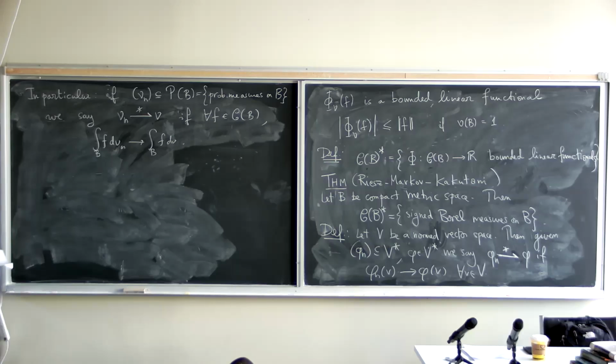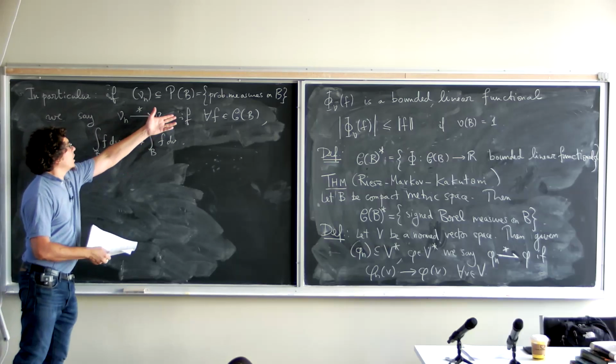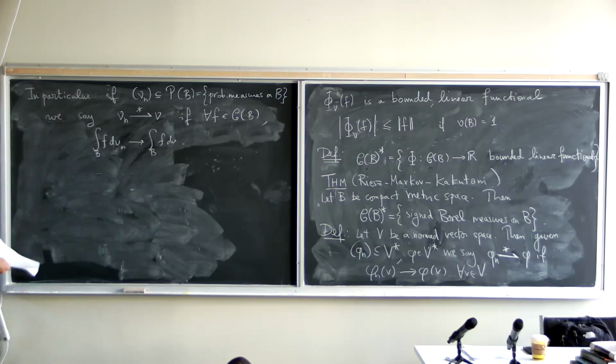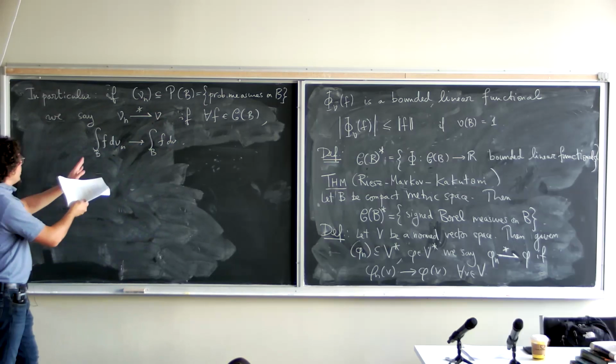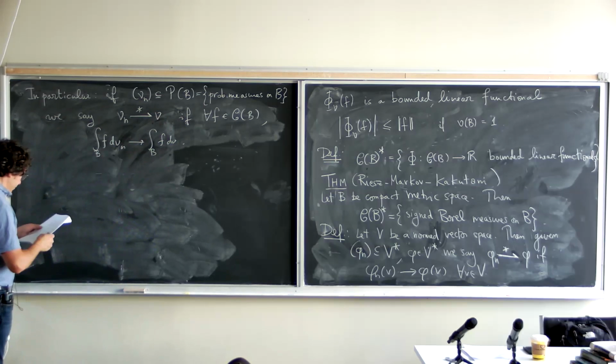So it's useful to think of measures as dual to the continuous functions, because every time we talk about convergence of measures, we're secretly talking about the pairing between measures and functions.